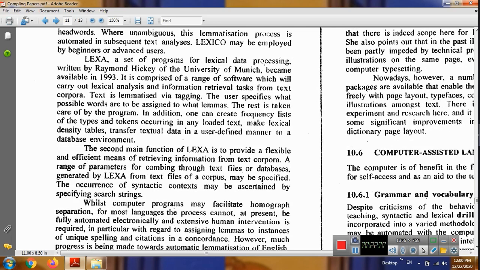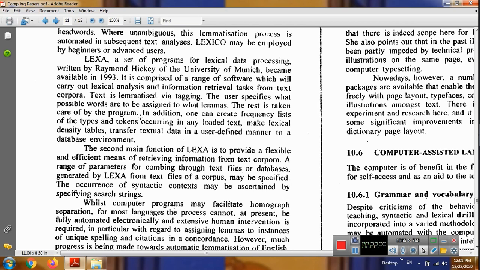Lexa, a set of programs for lexical data processing written by Raymond Hickey of the University of Munich, became available in 1993. It comprises a range of software which will carry out lexical analysis and information retrieval tasks from text corpora. Text is lemmatized via tagging.